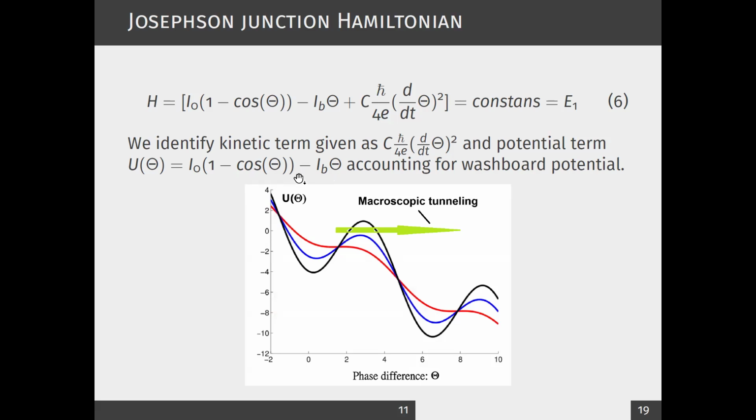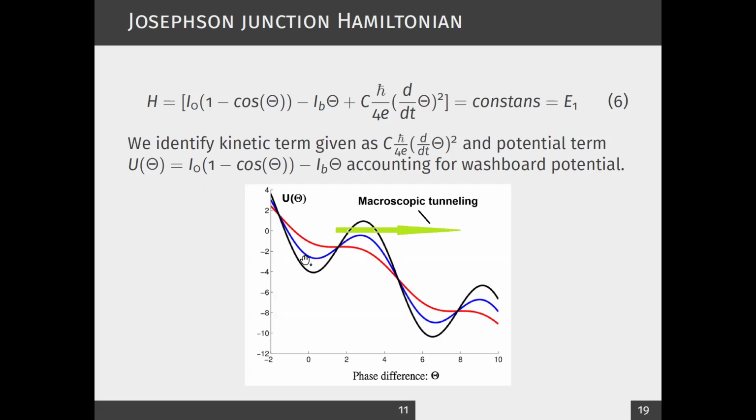And so this is nonlinear. And there is the depth of this oscillation. So you see the depth of these oscillations is regulated by I0. I0 is nothing else than proportional to the critical current of the Josephson junction. So this depends on the size of the Josephson junction, for example.